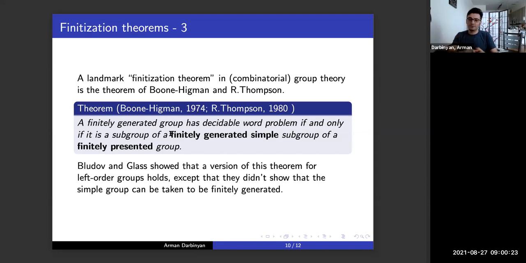Now, the theorem of Bludov and Glass was missing the part that the simple group is finitely generated. In this context, the natural question, which was actually formulated by Glass in slightly different terms, is the following: can one obtain a left orderable version of the theorem mentioned here? Namely, can one also say that the simple subgroup is finitely generated? For the general case, this question is still open.